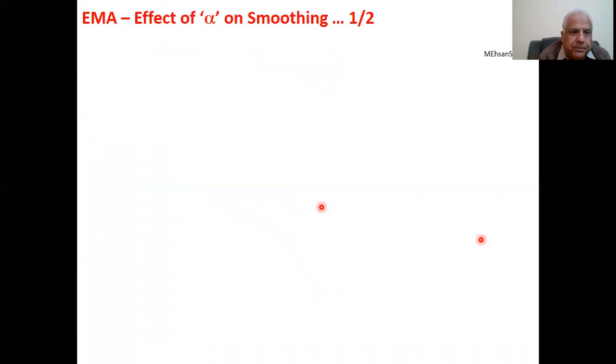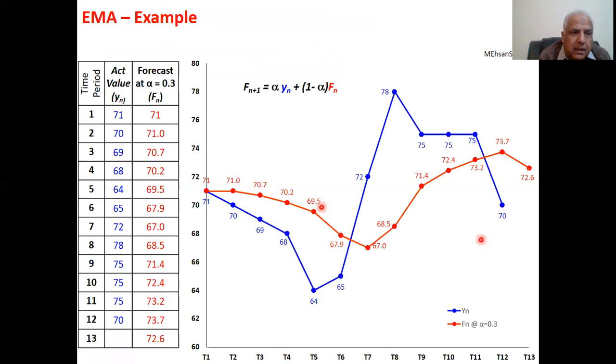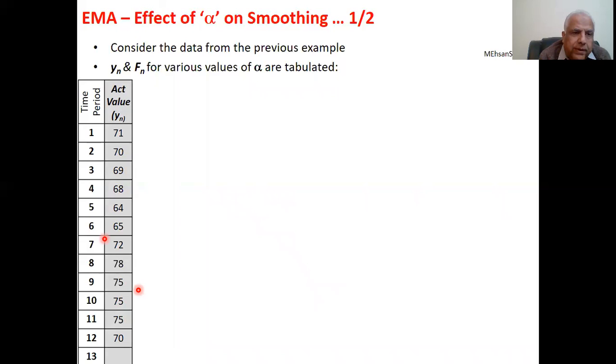This is the same data, actual values. And over here, what you're going to see is a lot of data. Don't be scared. This is for values of alpha ranging from 100% to 0%.